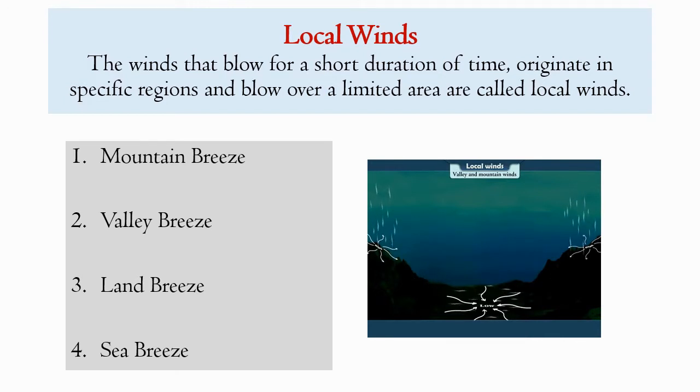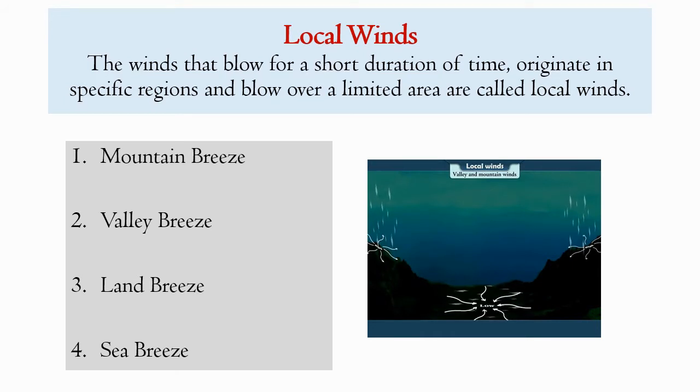The winds that blow for a short duration of time, originate in specific regions and blow over a limited area are called local winds. Local winds blow between low pressure and high pressure systems. They are influenced by local geography.